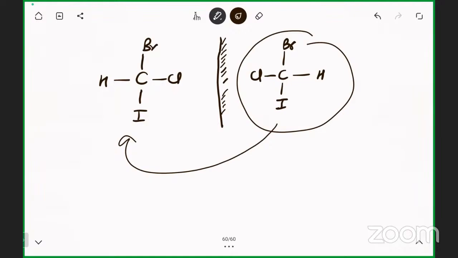Are these two non-superimposable or superimposable? Non-superimposable. See, I'm stopping this screen sharing for a minute, just look at me. I'll show you some basics.